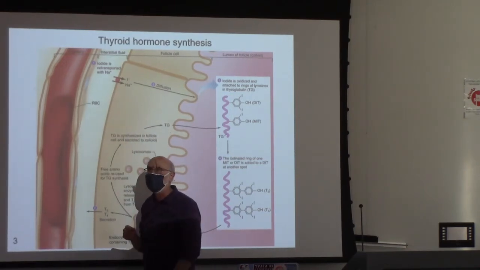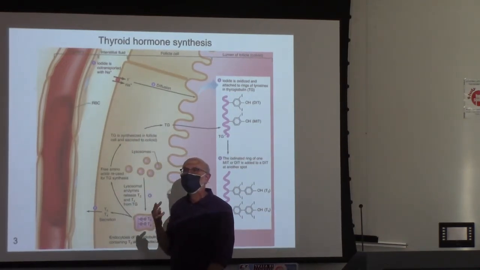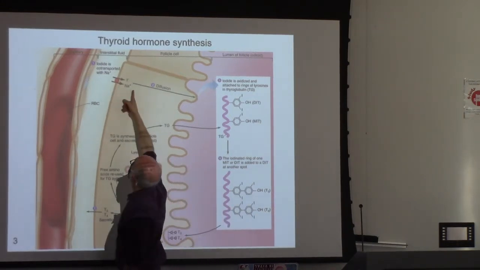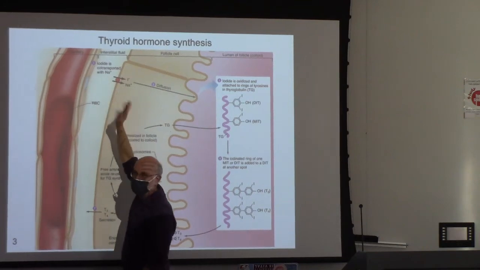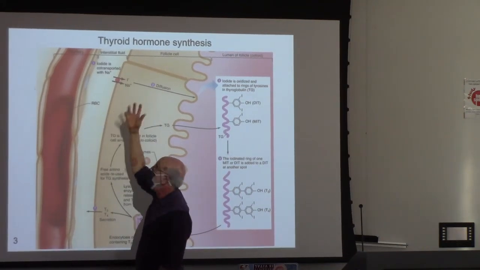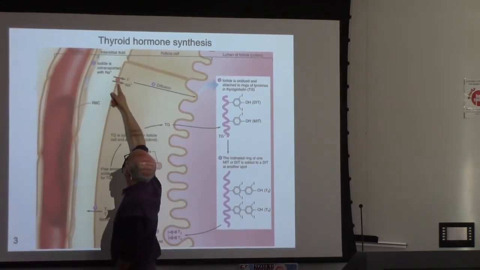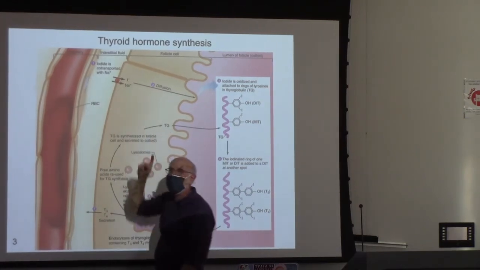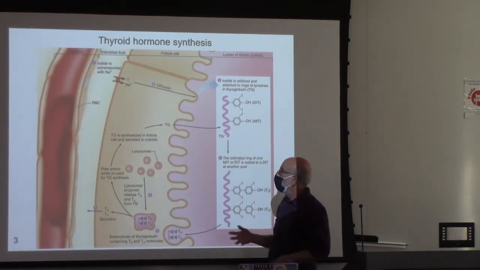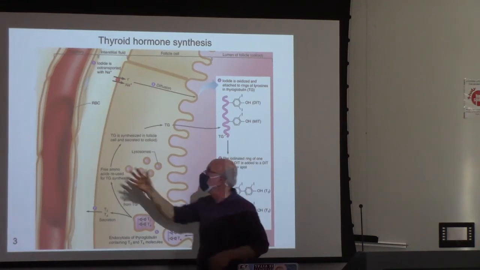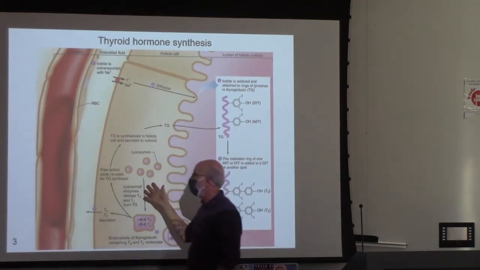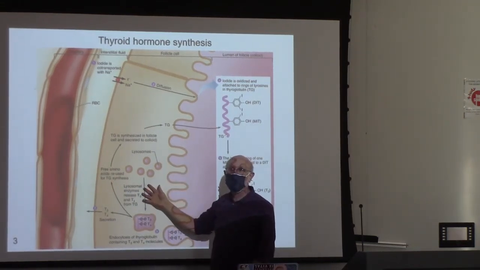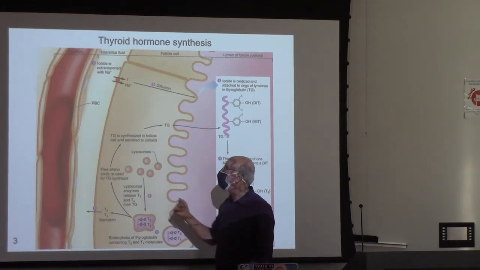So remember the sodium-calcium exchanger used the sodium gradient to pump out calcium. That was from the beginning of this course. This is the same sort of story, except it's using the sodium gradient to pump in iodide. So the iodide that is in small concentrations in the blood is pumped and concentrated into the thyroid follicle cell.